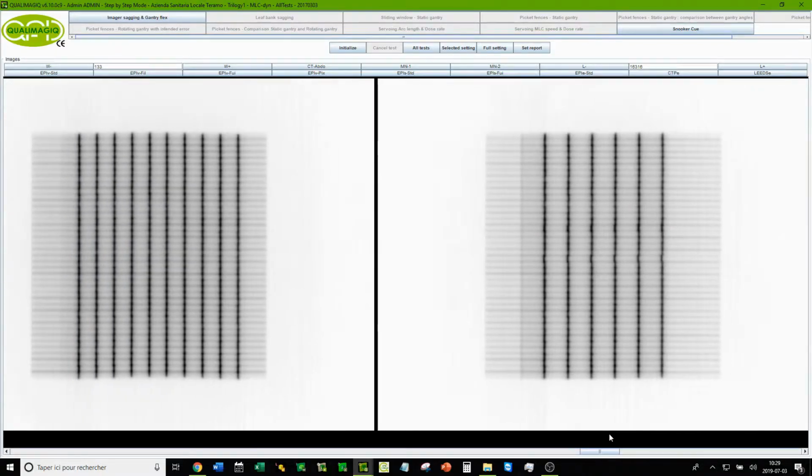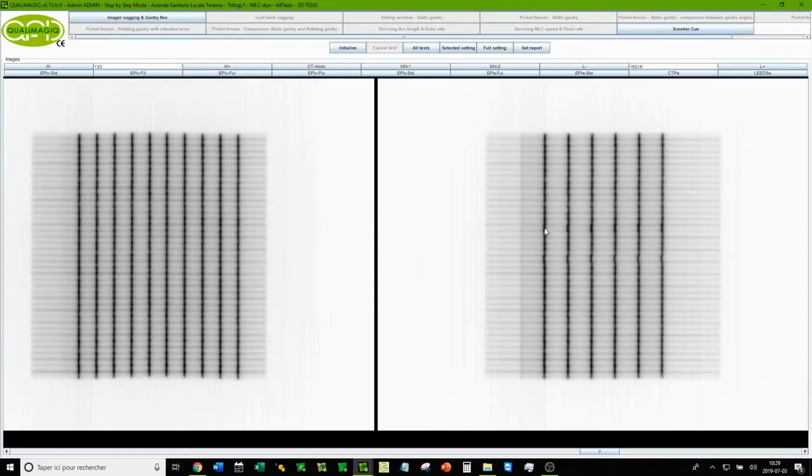A picket fence test with rotating gantry. However, with fewer slits, and as you can see, as per the prescription, the slit was shifted by 1 mm for this leaf pair. And here, the slit was also widened by 1 mm for this leaf pair.